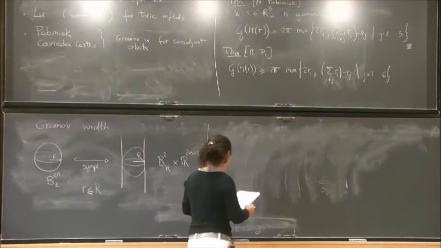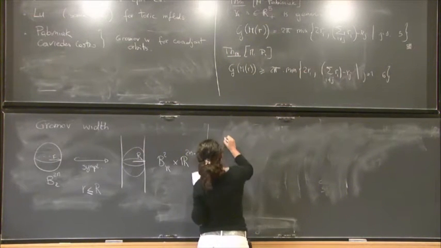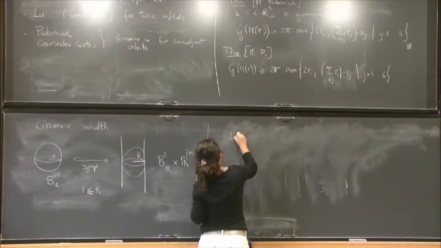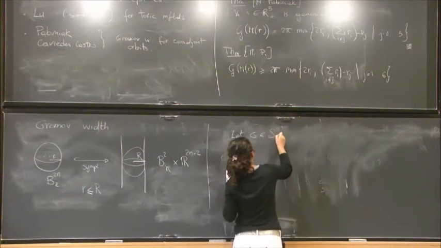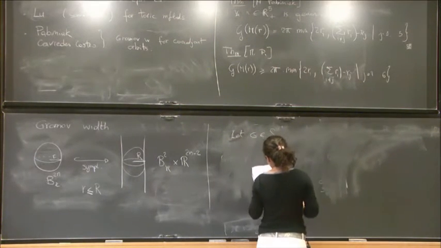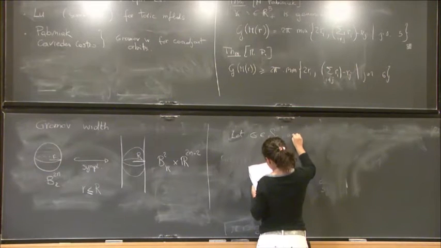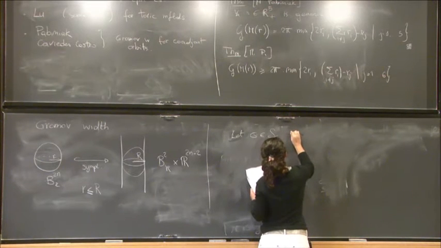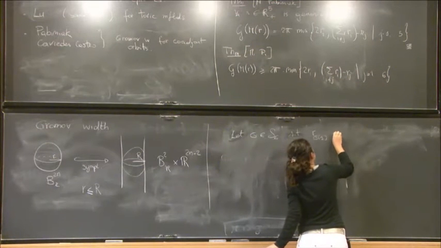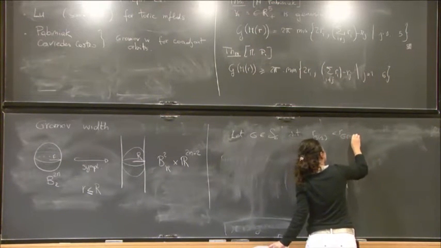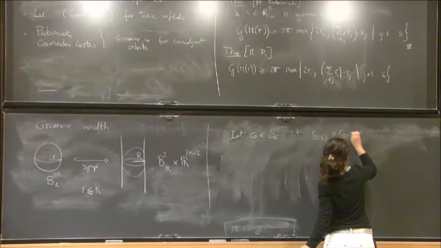We don't have a good upper bound for all, so let sigma be a permutation on the 6 edges such that R sigma 1 is smaller than R sigma 2, etc., or equal eventually.